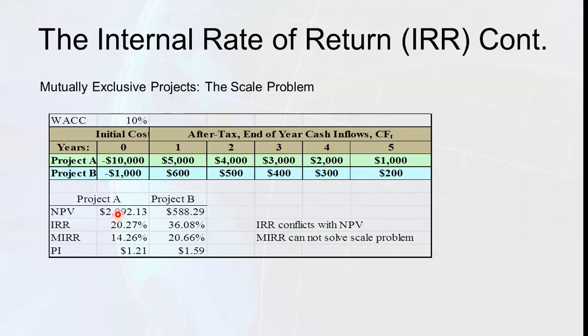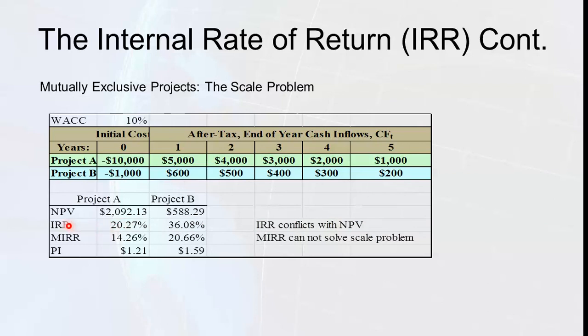As I mentioned earlier, NPV and IRR rules should give the same conclusion. But as you can see here, NPV prefers project A, and IRR prefers project B. So IRR conflicts with NPV. This is because of the scale problem.